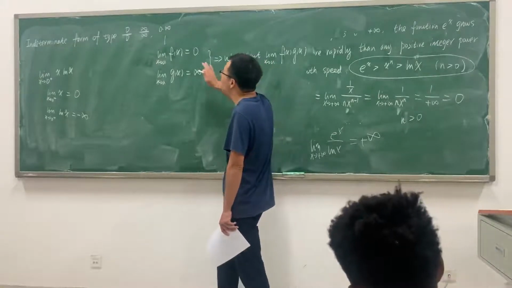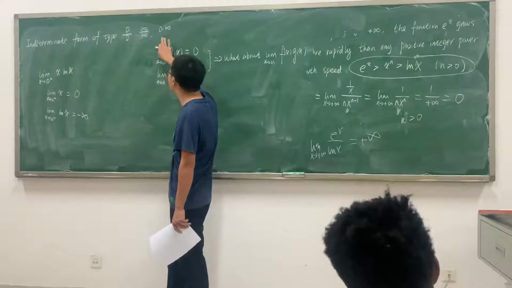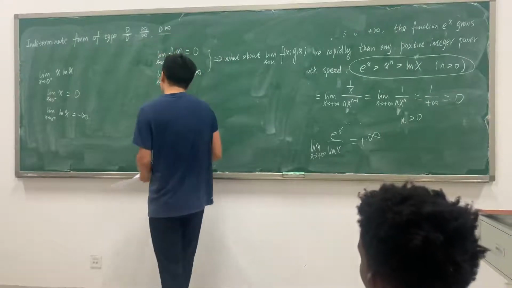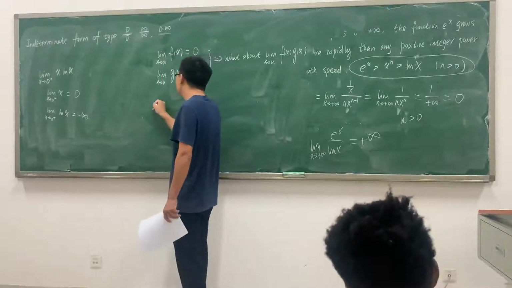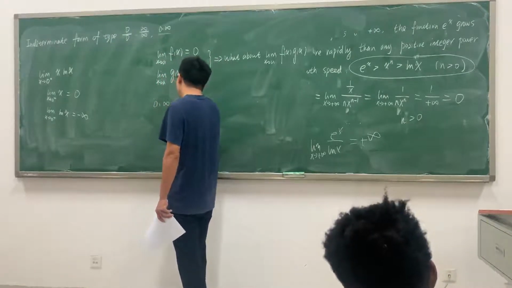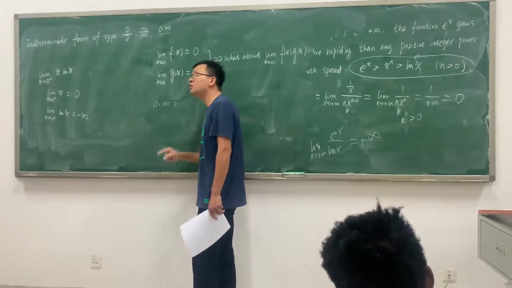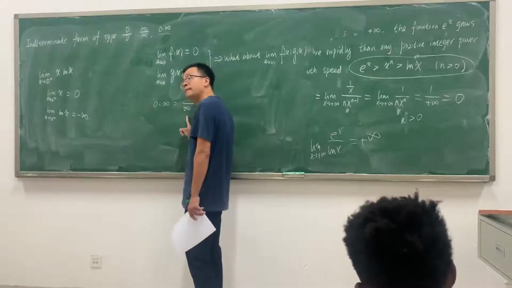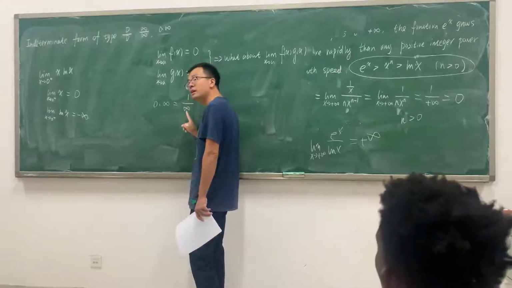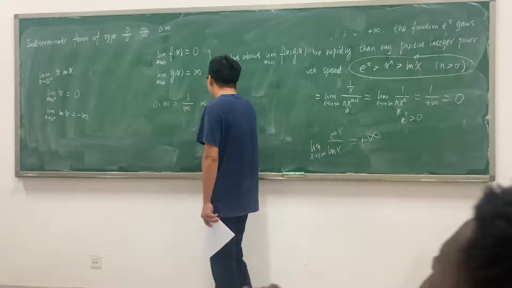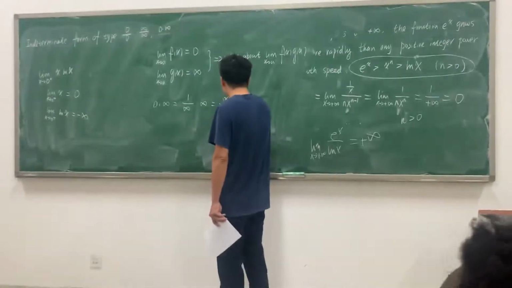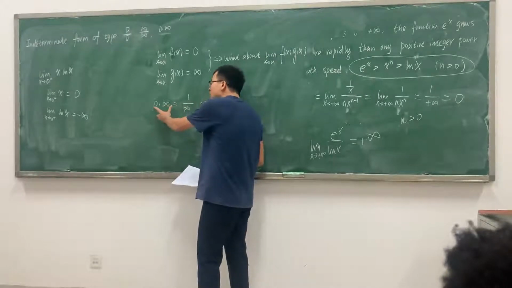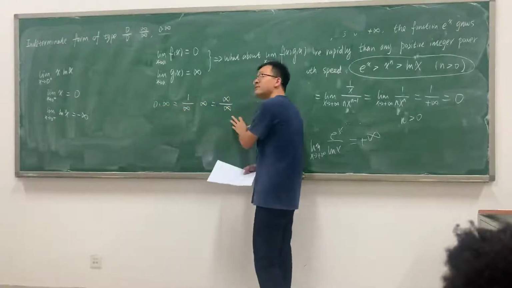For this indeterminate form, we can transform it. For 0 times infinity, we can write 0 as 1 by infinity, so 0 times infinity becomes infinity by infinity.